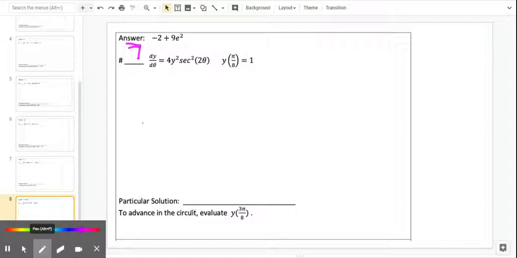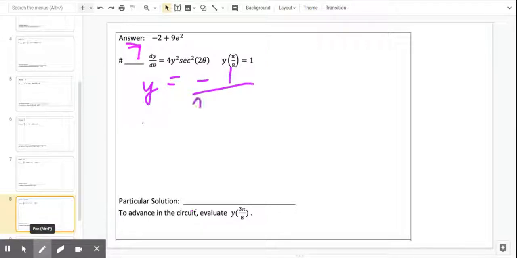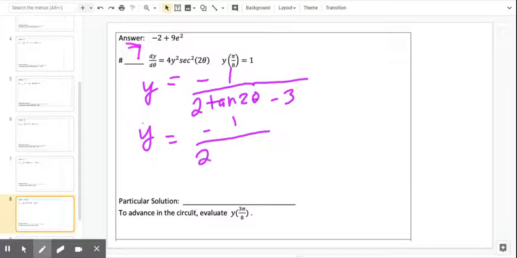Okay, so backing up, our particular solution was y equals negative 1 over 2 tangent 2 theta minus 3. Okay, so then I need to find y of 3 pi over 8. So y equals negative 1 over 2 tangent 2 times 3 pi over 8 minus 3.